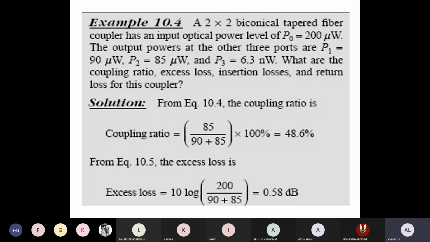It is P2 divided by P1 plus P2. Write down the formula and substitute the values.